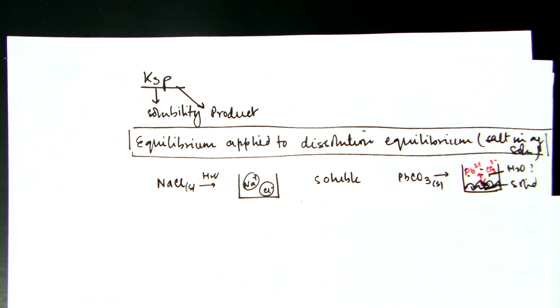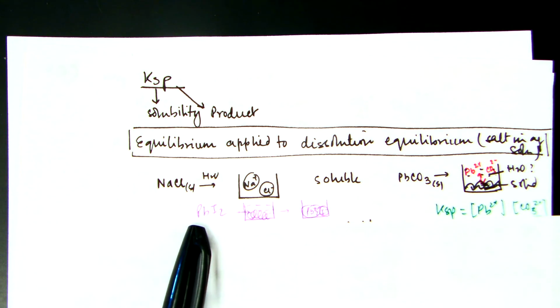Ksp is not applied to salts with high solubility. This equilibrium expression is applied to salts that are sparingly soluble, like PbI2. PbI2, if you recall, we call a precipitate. So far, we were qualitatively judging our precipitates for their solubility.